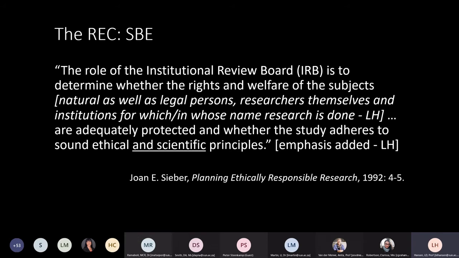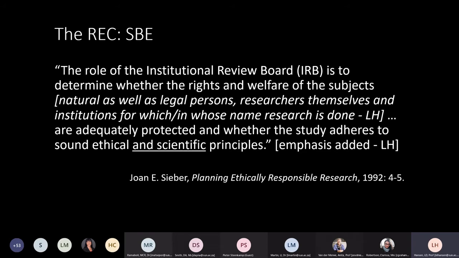And with that, I've come to the end of my presentation, but I underline the scientific principles here because I totally share Anita's comments and feelings around this, because this has always been an issue at RECs, on ethics review committees, whether a REC can also comment on the scientific principles. Anita gave very good reasons why that is necessary.